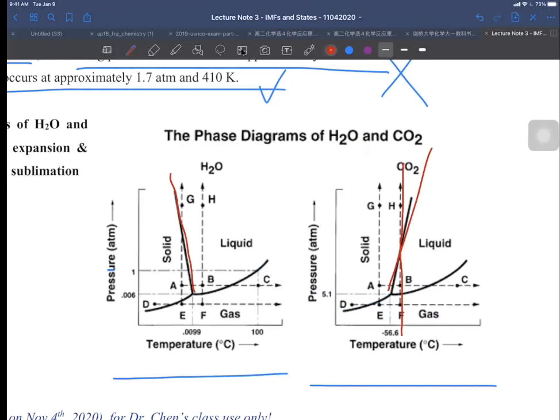So for carbon dioxide, it will change liquid into solid, right? Which means the solid is more condensed than liquid, or we can say the solid has a higher density than liquid, because increased pressure will squeeze the species, right?